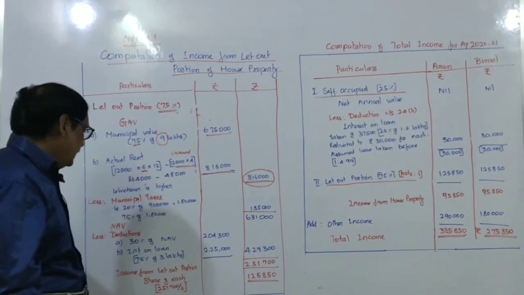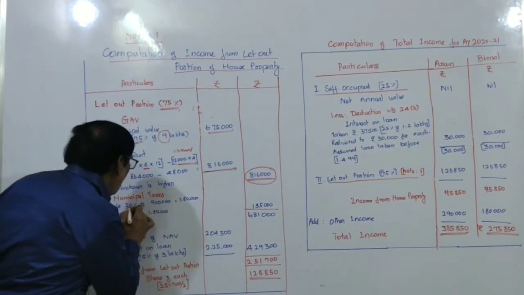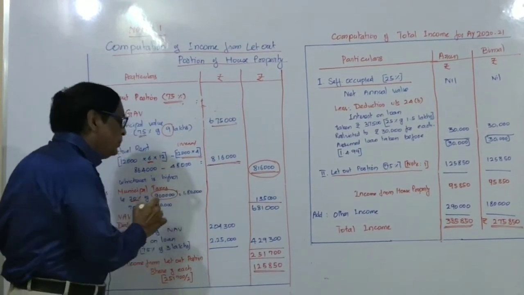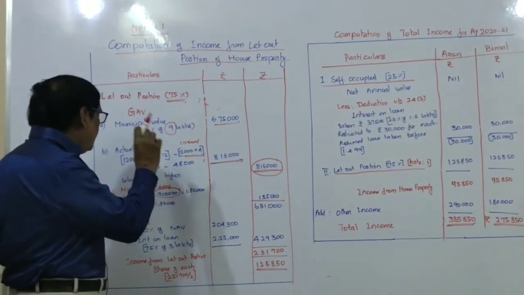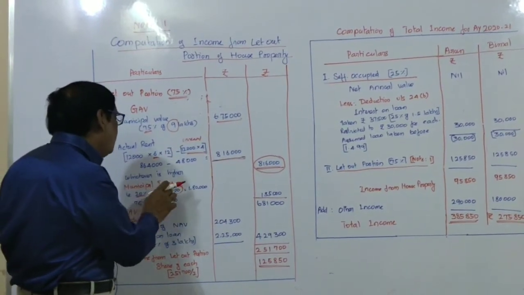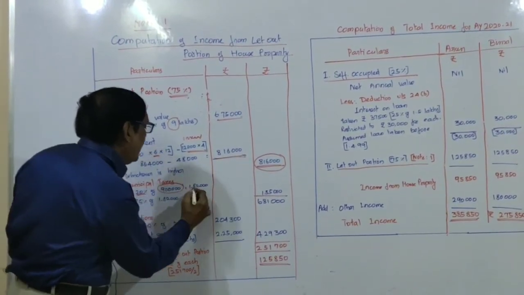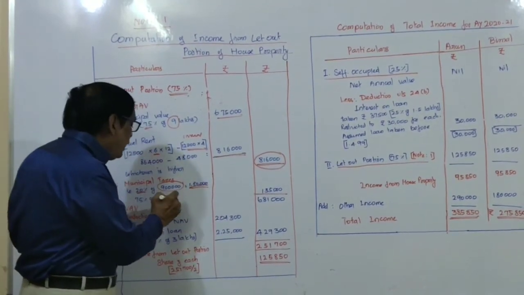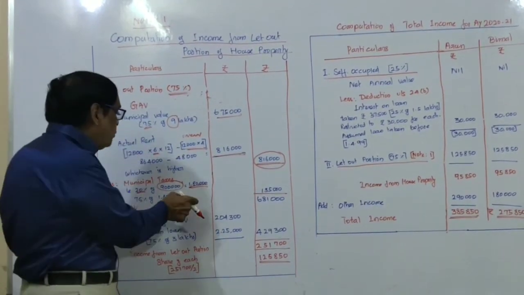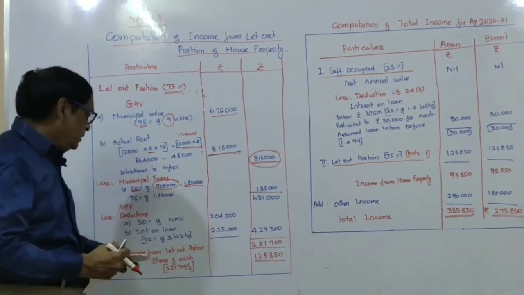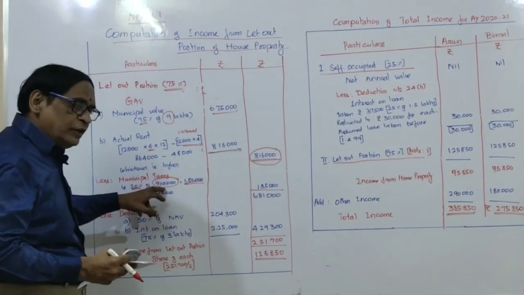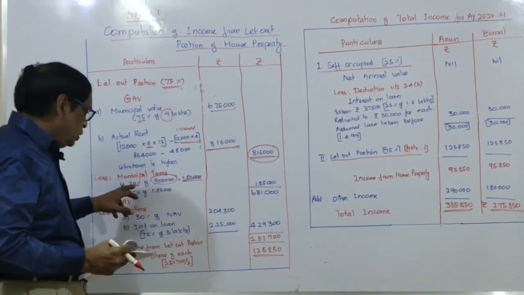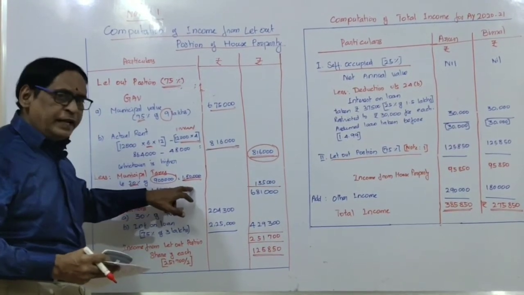What is the municipal tax? It is 20% of the municipal value. The total municipal value is 9 lakhs rupees. Please remember, the total municipal value is given as 9 lakhs and the municipal tax is 20%, so the total municipal tax is 1,80,000.